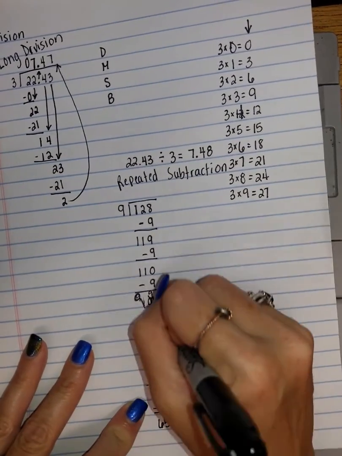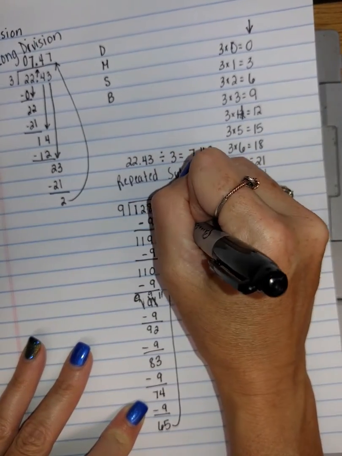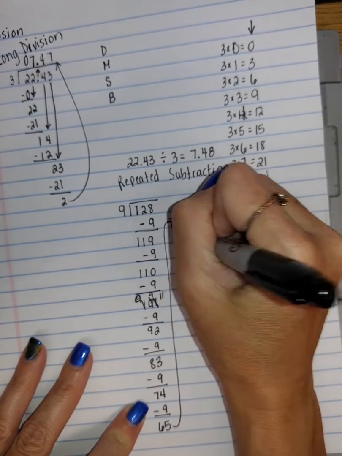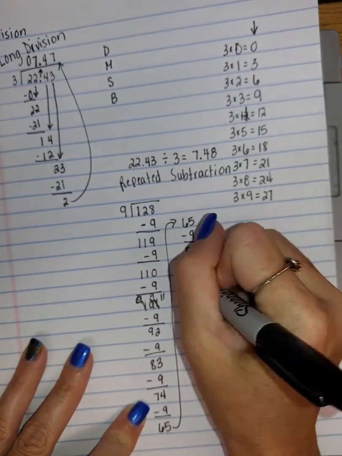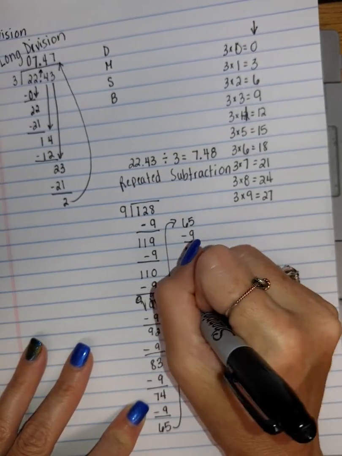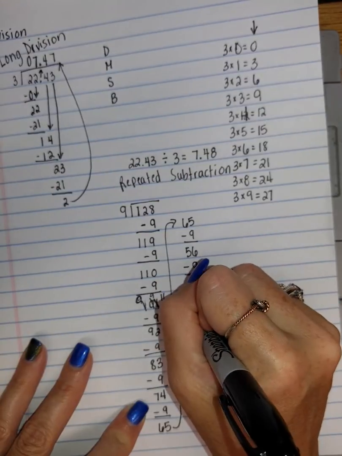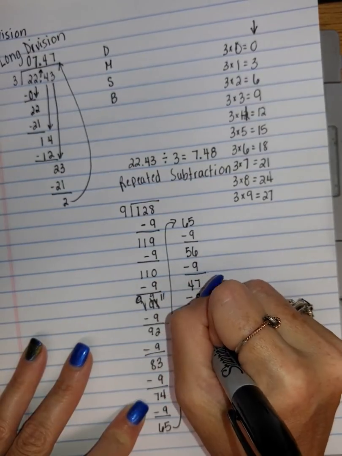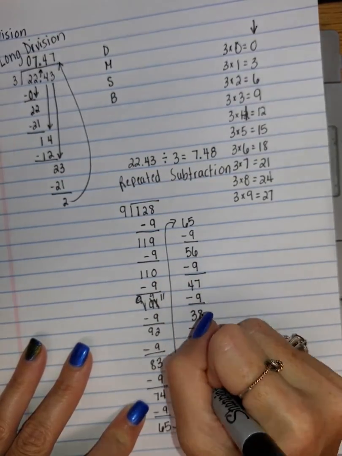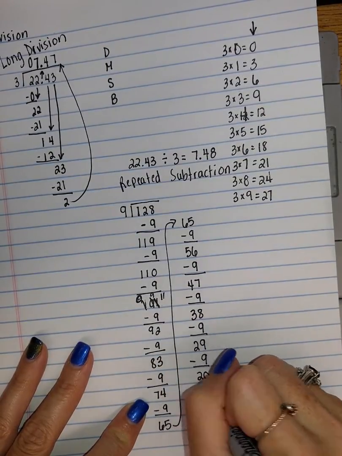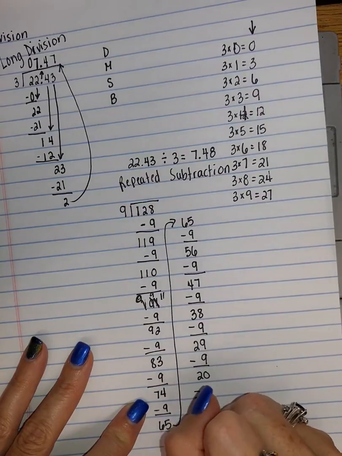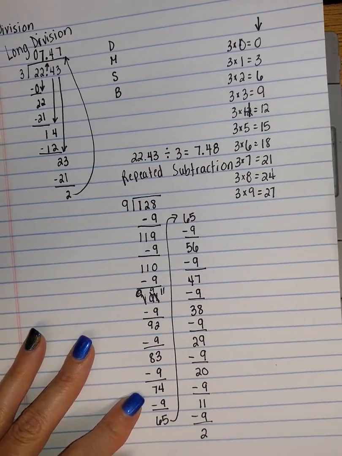Let me bring it up on over here. 65 minus 9, 56 minus 9, 47 minus 9, 38 minus 9, 29 minus 9, 20 minus 9, 11 minus 9, 2.